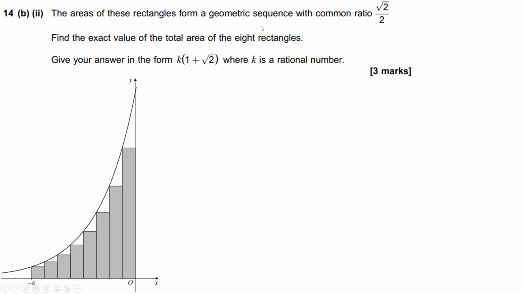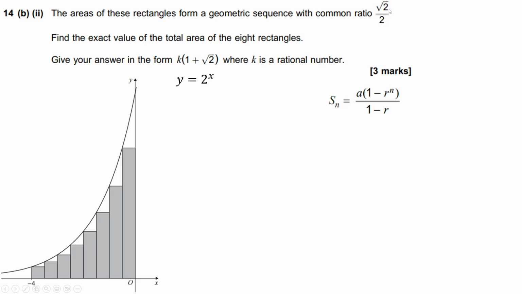The areas of these rectangles form a geometric sequence with common ratio root 2 over 2. And we want to find the exact area of all of these. You could do it the slow way if you wanted. It doesn't matter, you'll get the same answer anyway, so you won't drop marks for it. But if you just use the formula, which you're given, it's a little bit quicker. Be careful here, the common ratio is root 2 over 2.